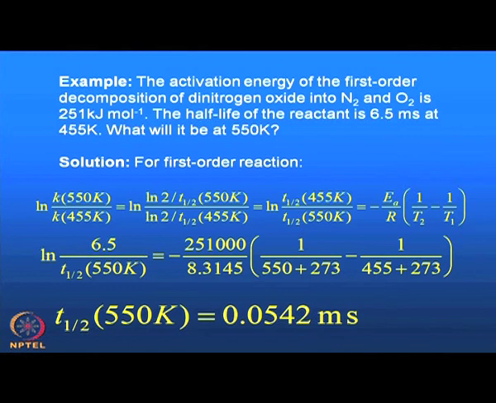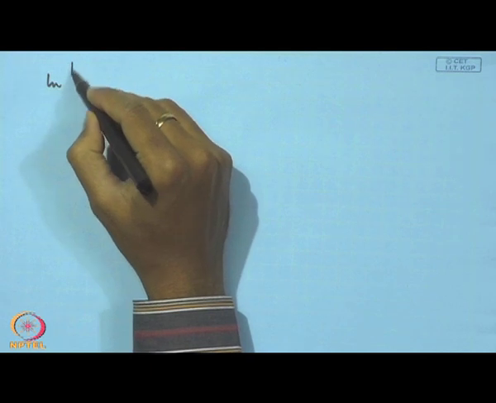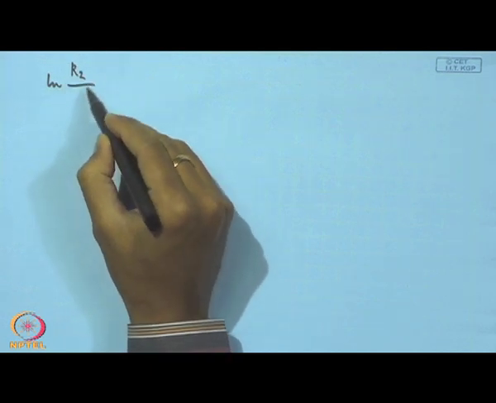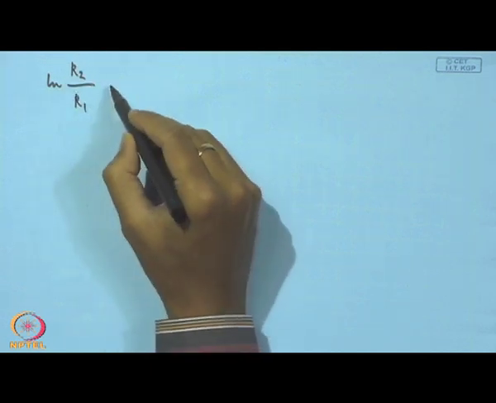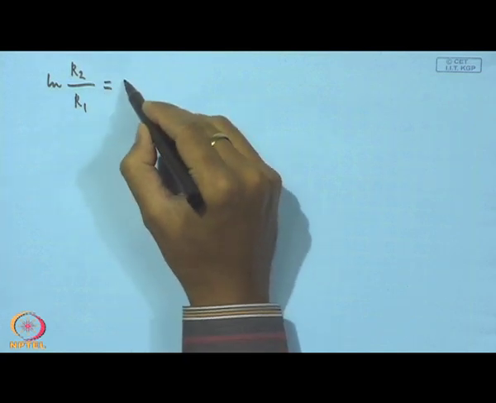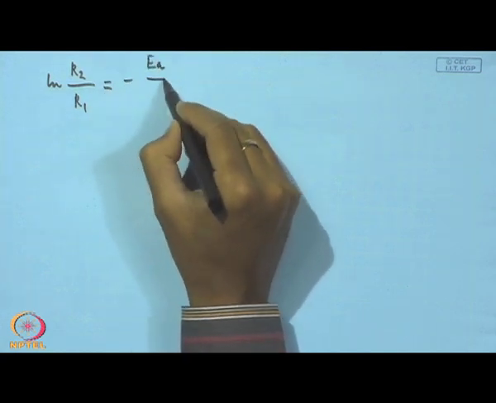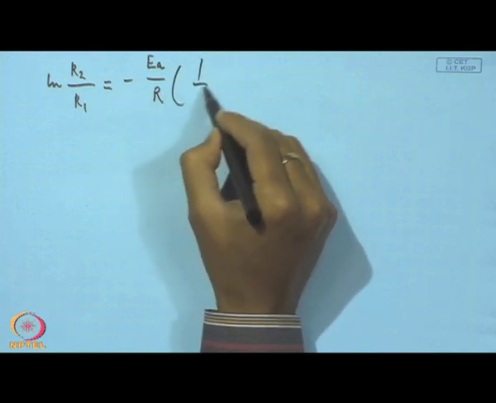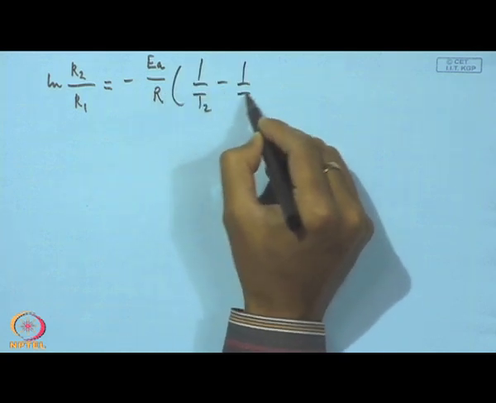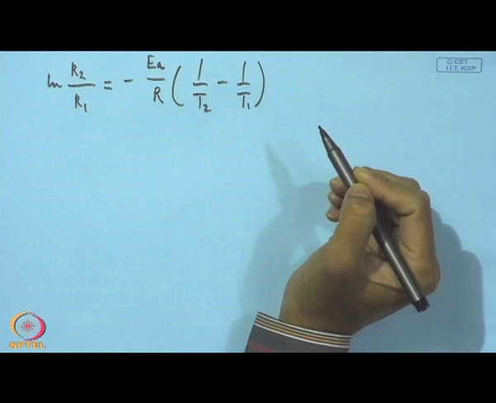Again we should refer to the Arrhenius equation: ln K2, meaning at temperature 2, by K1 is equal to minus EA by R into 1 by T2 minus 1 by T1. Okay.